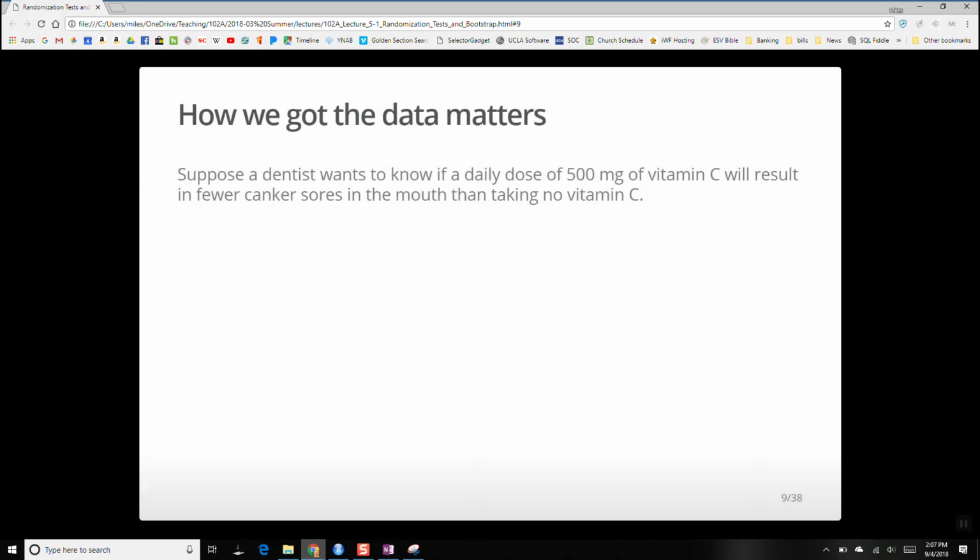Okay, and so this is just a brief thing that maybe is a little bit redundant. But we're going to say suppose how we get the data matters. And suppose, I don't know why this is the example we're using, a dentist wants to know if a daily dose of 500 milligrams of vitamin C will result in fewer canker sores in the mouth than taking no vitamin C, okay?